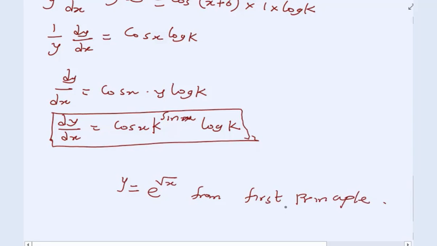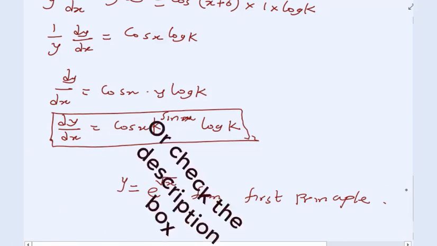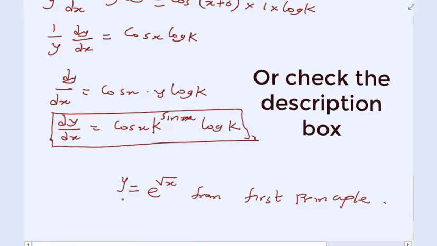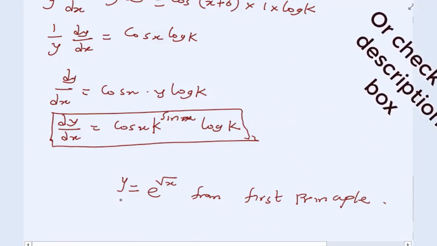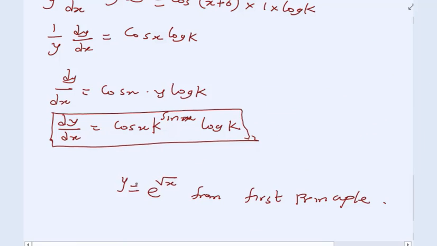If you don't get the answer, you can check my video, or if you want to see how to solve y equals e raised to the power of square root of x from first principle, you would have seen the link on the screen, so just click. But make sure you try your hands before you check out the video.